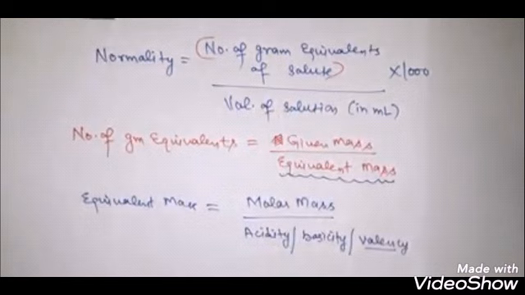Here I have written normality is equal to number of gram equivalents of solute. Number of gram equivalents I have written separately: it is given mass upon equivalent mass, and equivalent mass is equal to molecular mass upon acidity, basicity or valency, or I can say n factor.